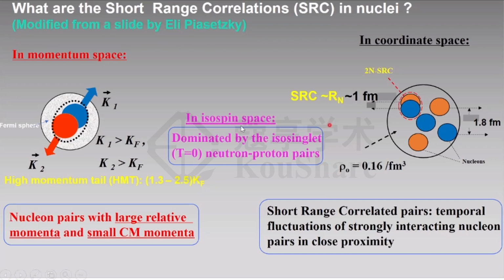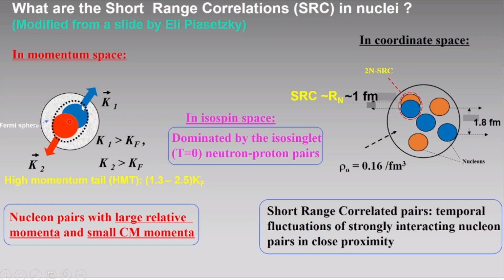In this so-called isospin space, people have found that this short-range correlation is dominated by the so-called isosinglet neutron-proton pairs. Now, from the uncertainty principle, when the two nucleons are very close to each other, they have large relative momentum, but a very small center-of-mass momentum.